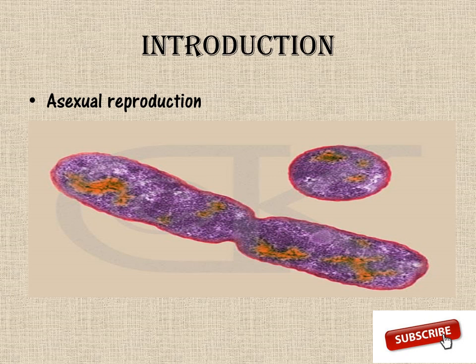I would suggest that you go back and check the video and then come over here. So now we'll start with sexual reproduction. This is the most common method of reproduction found in most plants, and for sexual reproduction to occur, it requires two parents, one male and the other female.